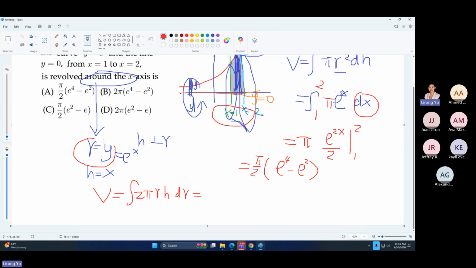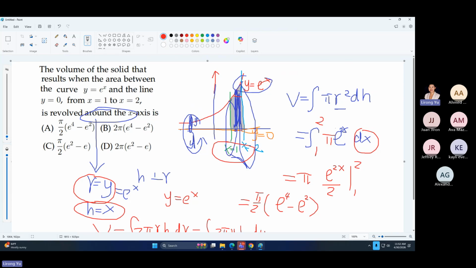Remember r equals y, so it's going to be 2 pi y h, with h equal to the x, so y equals e to the x. It's 2 pi y h dr, and r equals y, so it's dy. That's why I need to find out the h.